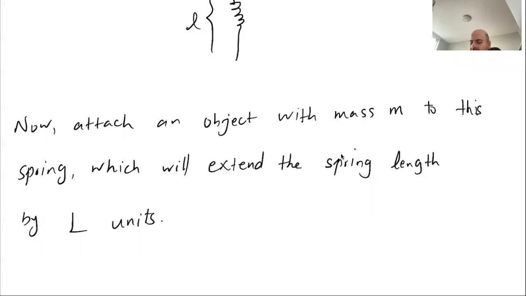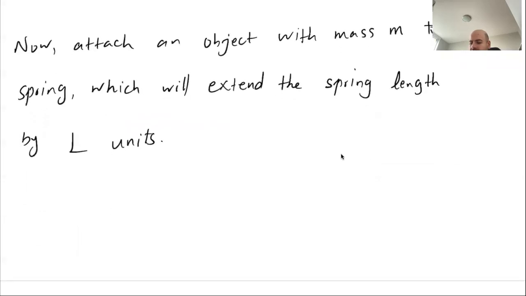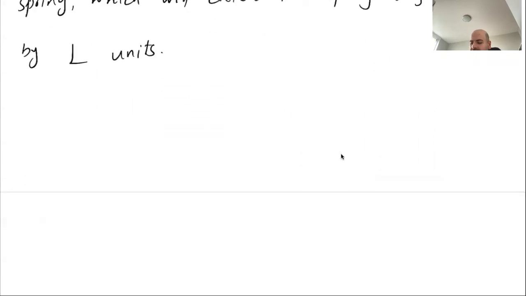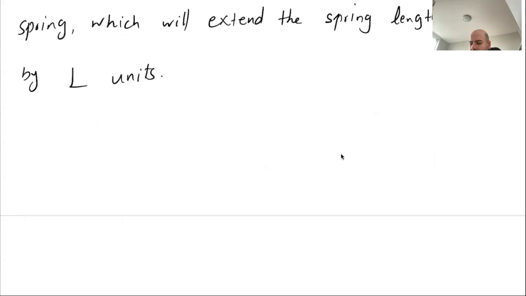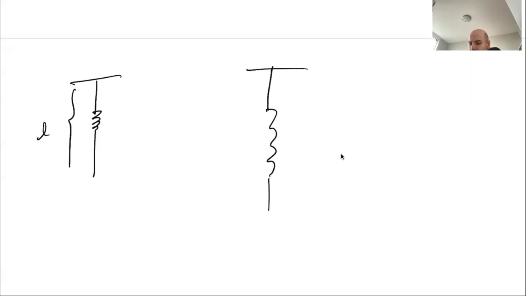So once we attach a mass M to the spring, the length will be extended by L units. So this will be the original spring L, and then we have the extended one. So still we have this original L, and now it's also extended by L units.